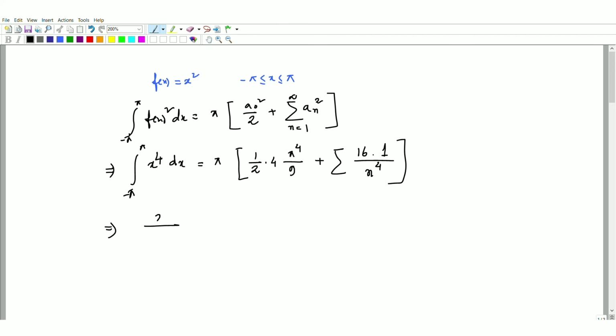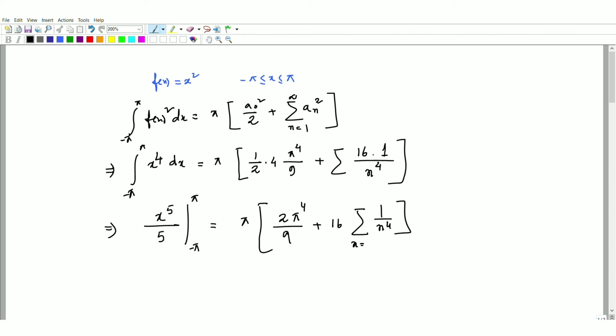After that it will become x to the power 5 by 5 from minus pi to pi, on the left, and on the right 2 pi to the power 4 by 9 plus 16, which we can take outside of the summation, times summation 1 by n to the power 4, n from 1 to infinity.